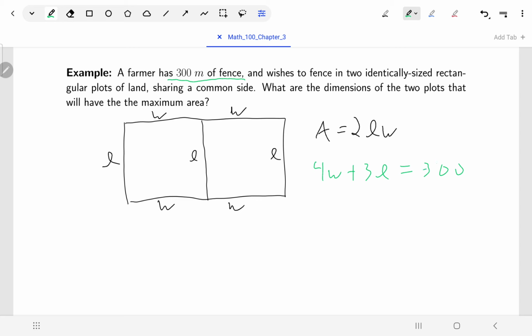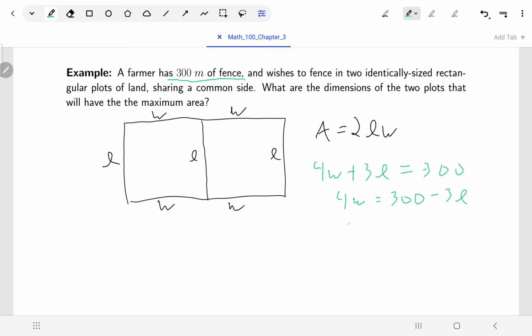So now I'm going to take my constraint and use that to rewrite my objective function, area, in terms of just one single variable. So I'm going to rewrite this, bringing the L to the other side.